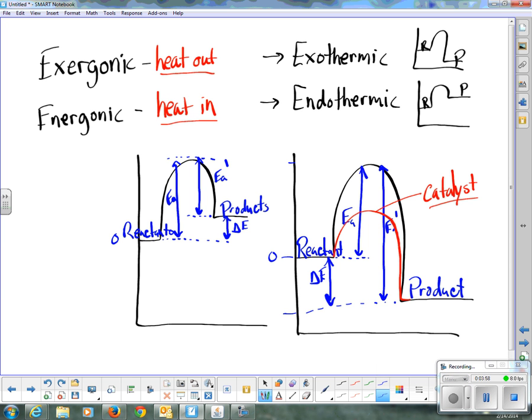Now, think about it this way. If I have an endergonic thing, what's going to happen to entropy? Now remember, entropy is the amount of disorder. So as I heat things up or put heat into it, like an endergonic or endothermic reaction, what's happening to my entropy?